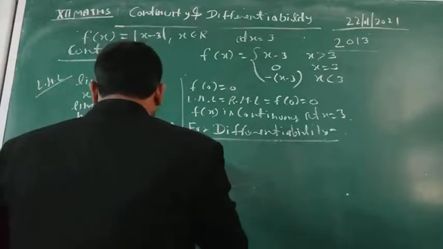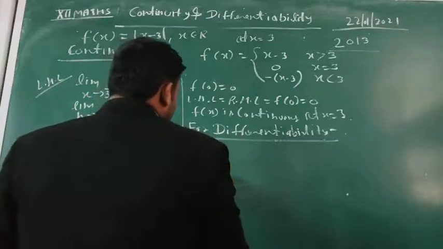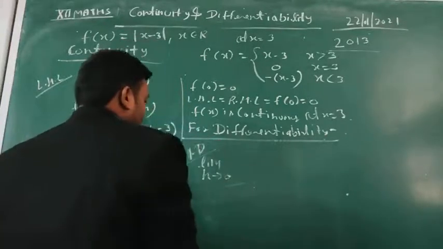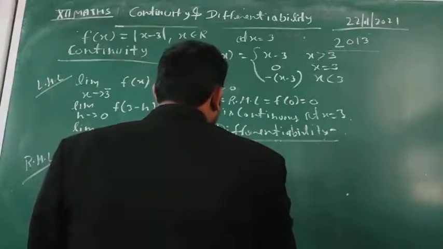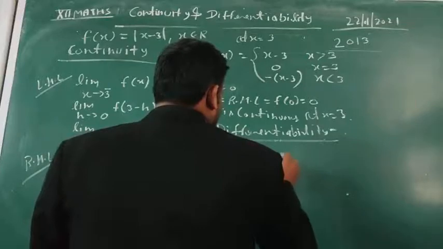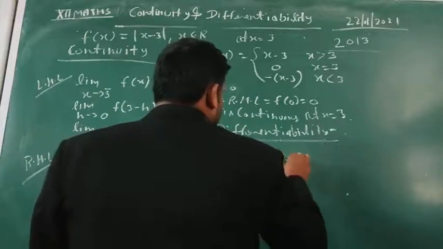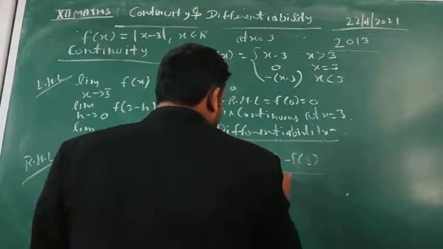So student, we write limit h tends to 0, f(3 minus h) minus f(3) by minus h.